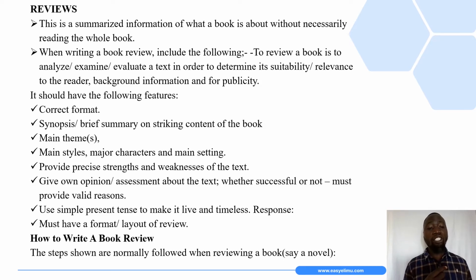When you talk about synopsis of a book, this is just a brief summary on the striking content or the major events of the book. Again, remember that when you're writing a synopsis, you don't include everything that is inside the book. You only go for the striking or the major events, the areas that are captivating.